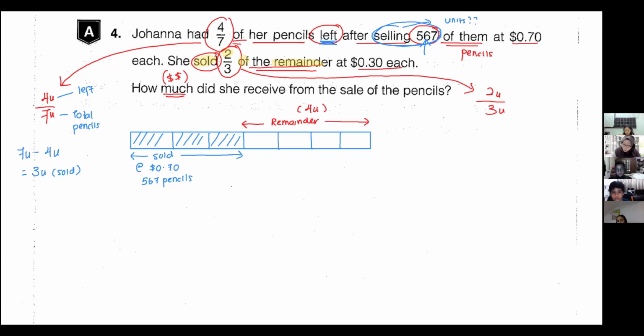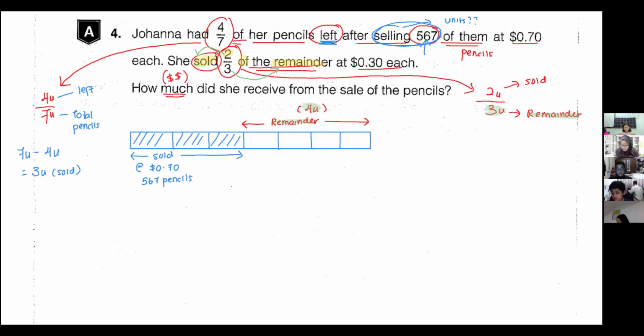So if you look at the words again, 2/3 of the remainder, which means the first number 2 is the sold, the number 3 is the remainder. So over here, this is my sold and this is my remainder. Okay, get it? So if you look at this too, my remainder is 3 units. Over here, my remainder is 4 units.